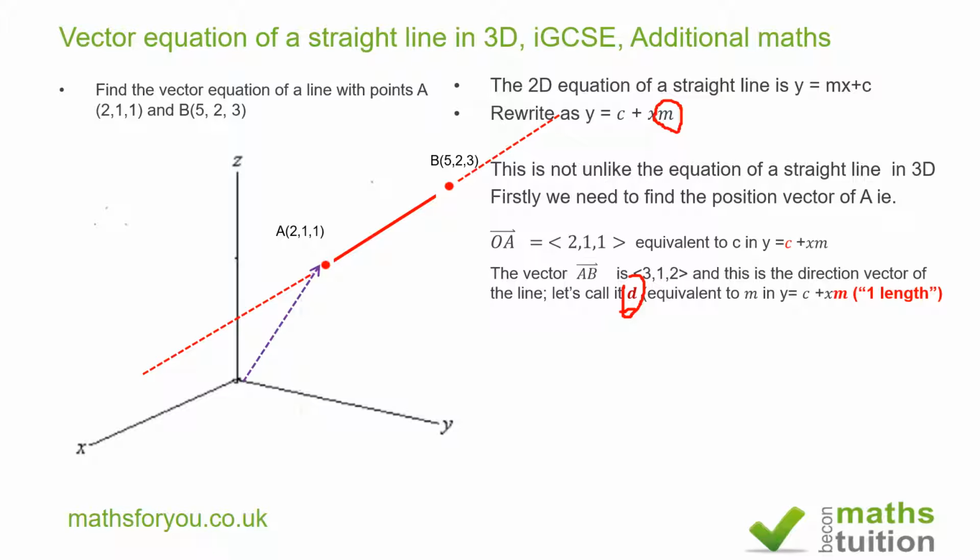Similarly, in 3D, lines with the same direction vector are also parallel. So you can see the similarity there. Okay, right, now moving on from that. And that is the d, by the way. This is the d there, direction vector. That's the length there.